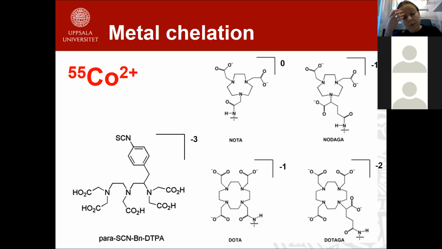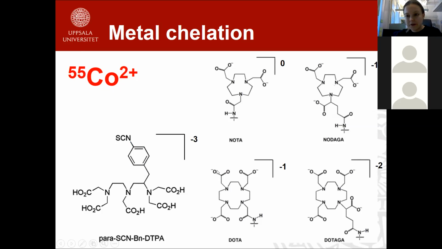For cobalt 55, it's another positron emitting nuclide, and for example, one site of production is in Denmark. Yes, and it has a charge of 2+. And depending on the chelator, there can be complexes of different charges.